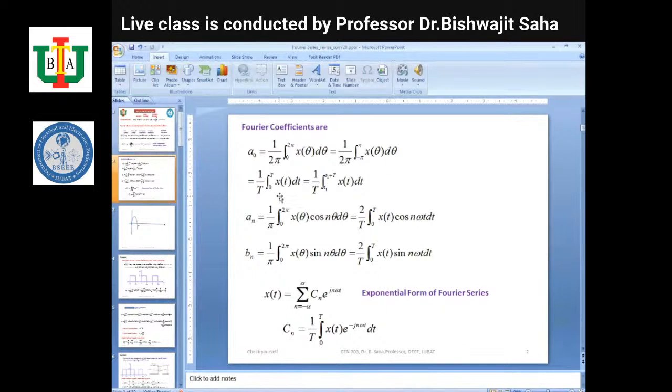If we change to time scale, the formula is changed to 1 over T, 0 to T, x of t dt. If the signal is delayed by t1 time, then the formula is going to be like this.